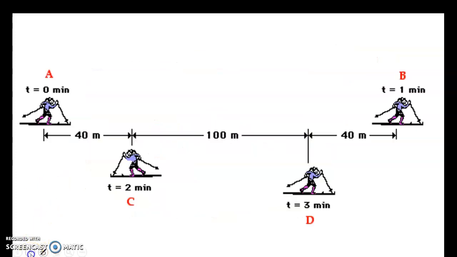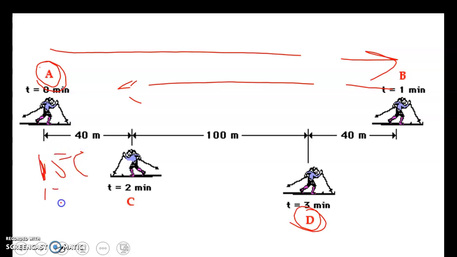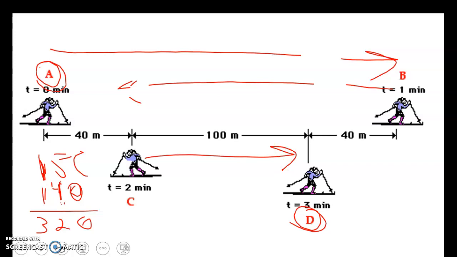So let's look at another example. Here we have the skater or skier starting at A, finishing at D. During the first minute of skating, it's 180 meters. Then we went back to here, which was 140, so we went 180 plus 140, 320, and then we went from here to here, which was another 100.